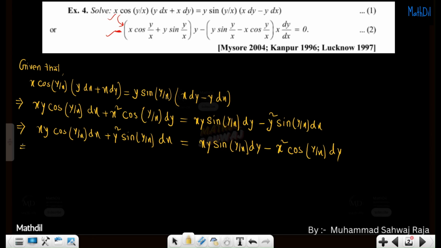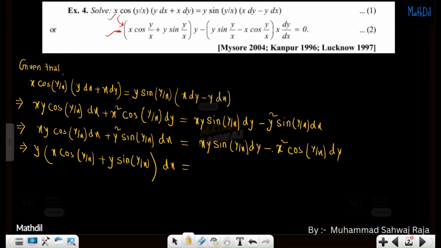Now take the common terms. Here is dx, here is dx, here is dy, here is dy, so take them as common. Here y is also common. Write y into (x cos(y/x) plus y sin(y/x)) dx.